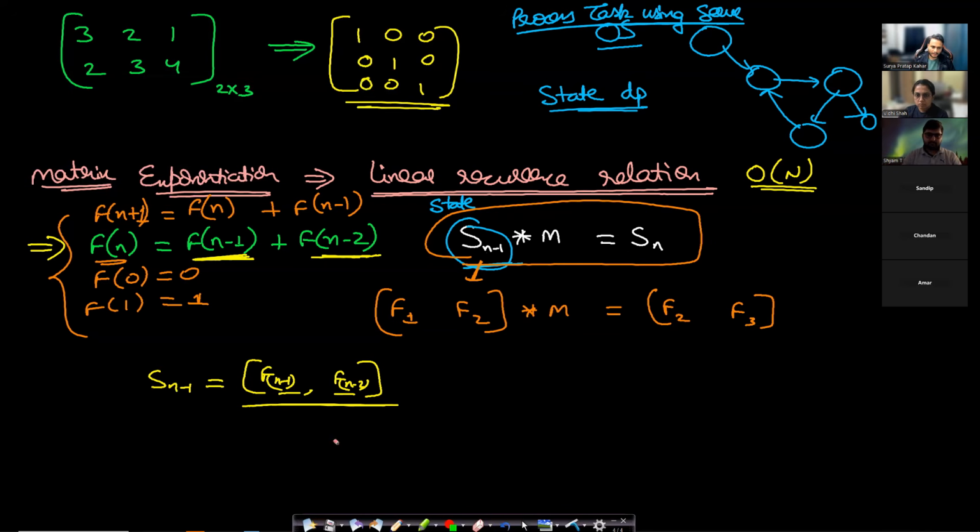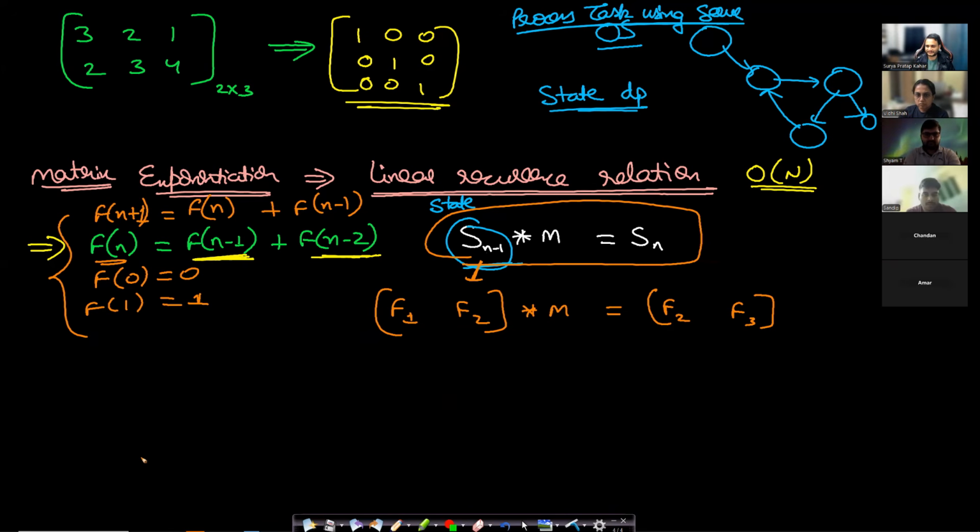Now, after looking at this, can you tell me the dimension of M? Now your job is to tell me the dimension of M. 2 cross 2. So first you write this dimension, 1 cross 2.